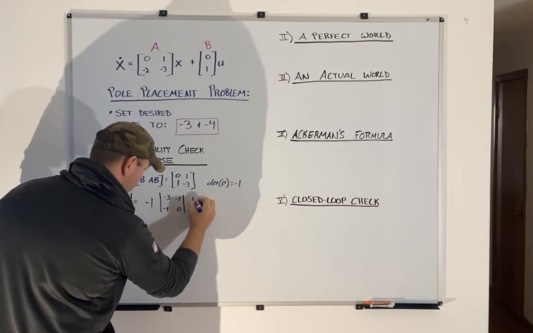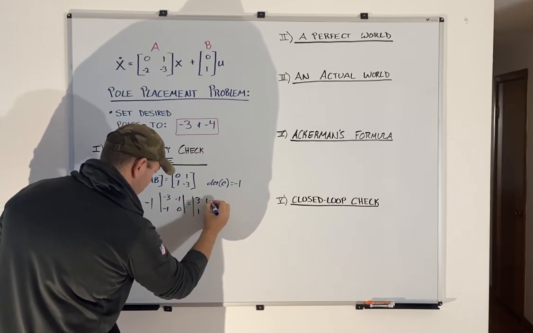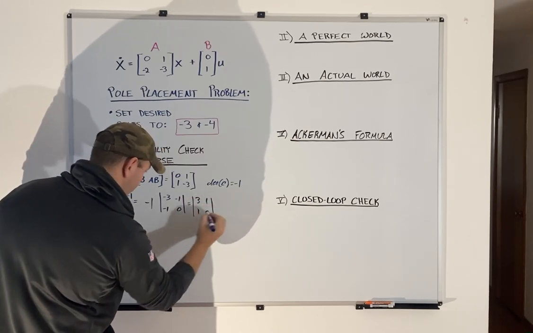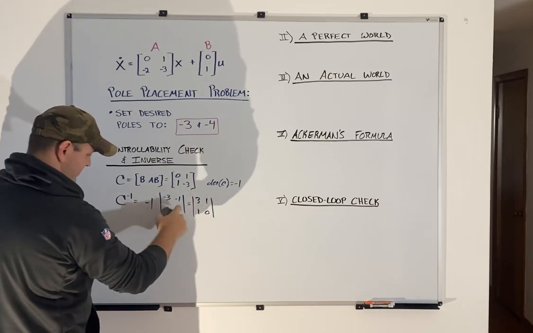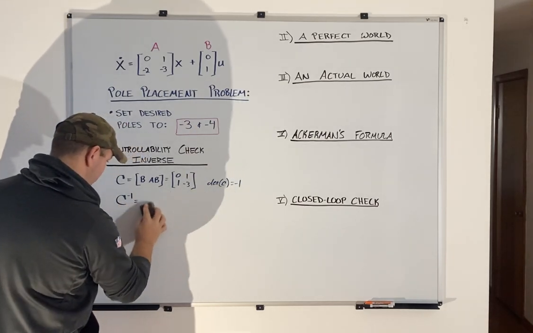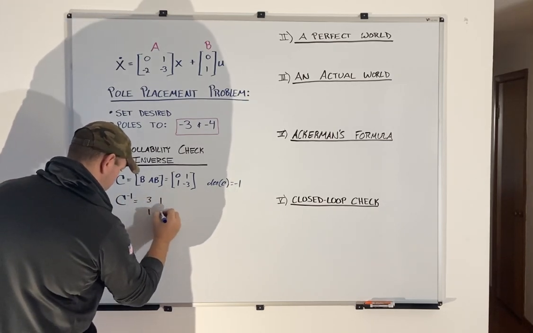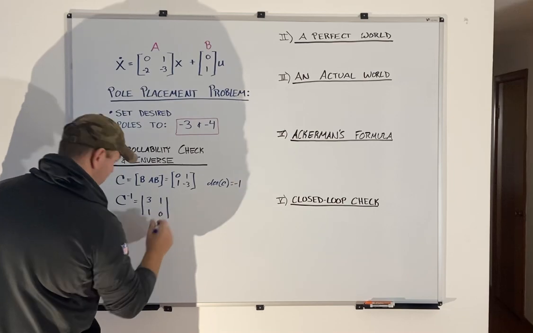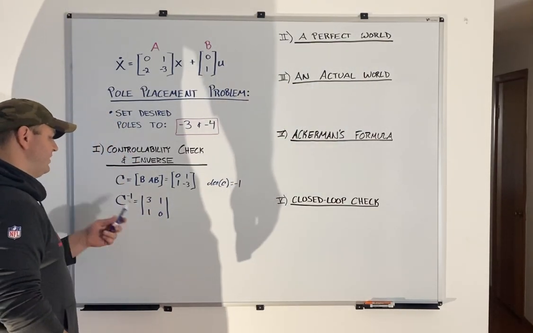It's going to be [3, 1; 1, 0]. Okay, we've got our controllability check and our inverse.